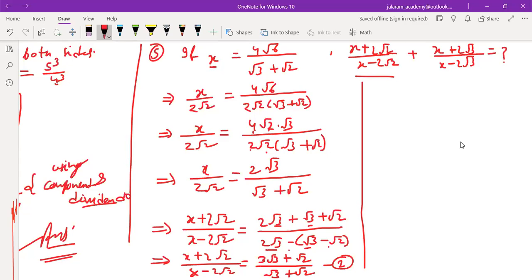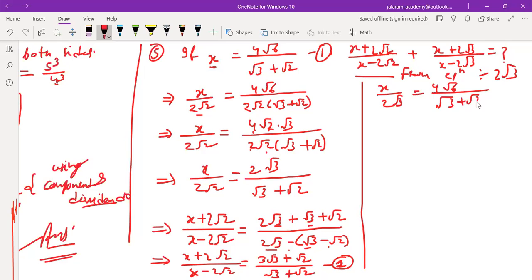Again using the same method, x plus 2 root 3, we have to bring in place of x plus 2 root 2. In the first case we divided both sides by 2 root 2. Now this time we are dividing equation 1 by 2 root 3. So from equation 1, dividing by 2 root 3, we get x upon 2 root 3 equals to 4 root 6 upon root 3 plus root 2.